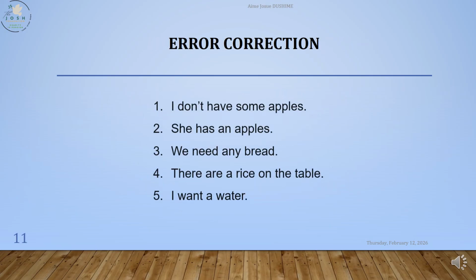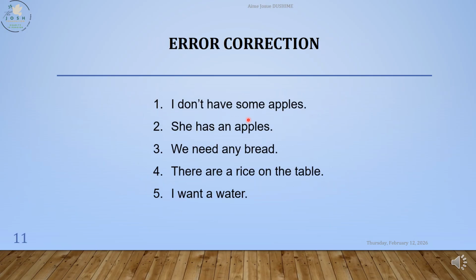You're going to correct the mistake here. I don't have some apples. She has an apples. We need any bread. There are a rice on the table. I want a water. You're going to correct the mistake. And here let me show, for example, the mistakes that we have here.